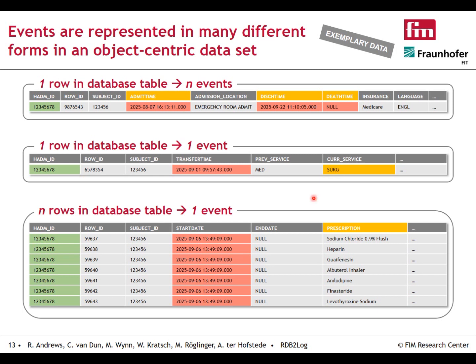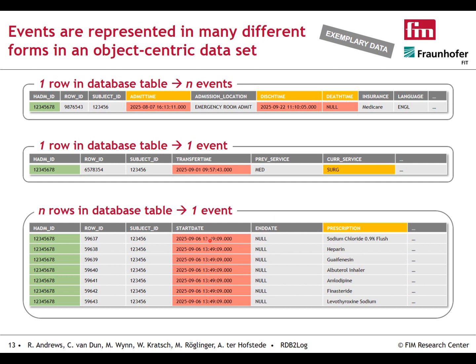Another still more complicated way of representing events is shown in the third example. This table represents prescriptions to a patient, and there can be several rows prescribing different drugs to one patient at a given time. So, for example, look at this patient again. It's still the 1234567 and on 6th of September 2025 he was prescribed a bunch of drugs. I don't know what he's got, and we do not want to know about what he was prescribed.